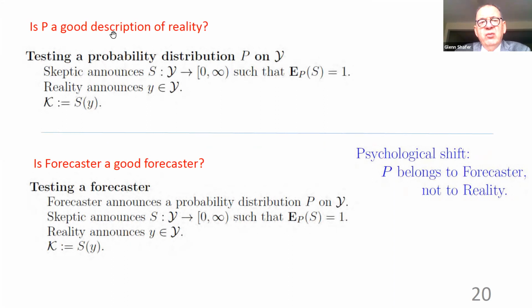Up here, we were starting with the probability distribution and asking whether it's a good description of reality, basically. Now we're going to have a forecaster, and the question is: is the forecaster a good forecaster?